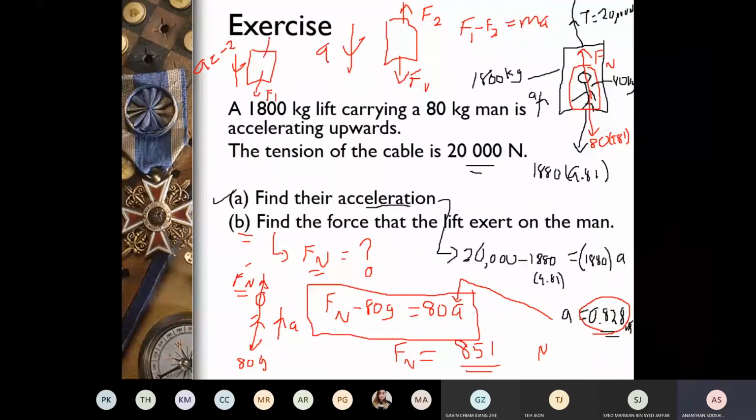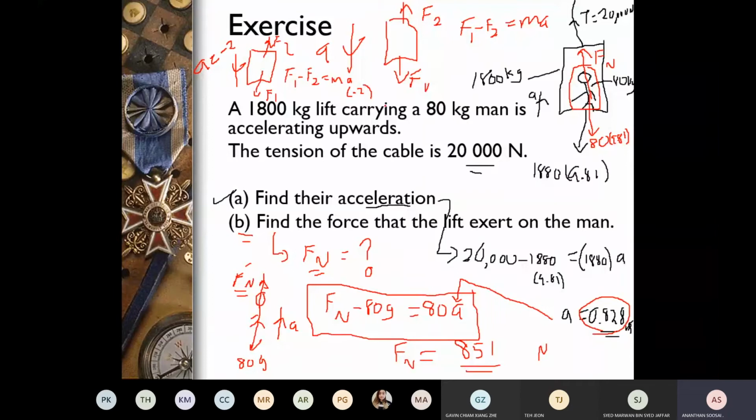You still stick with F1 minus F2 equals to ma, but a you put as -2. Because the acceleration is downwards, although it's decelerating, a is downwards. So whether it's accelerating or decelerating, force down minus force up, but if it's decelerating, just put a as -2.